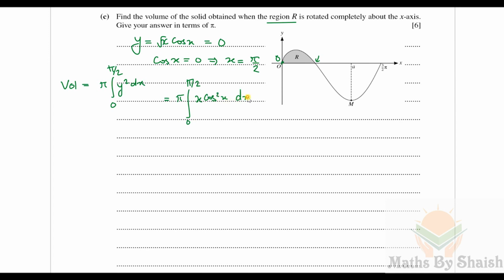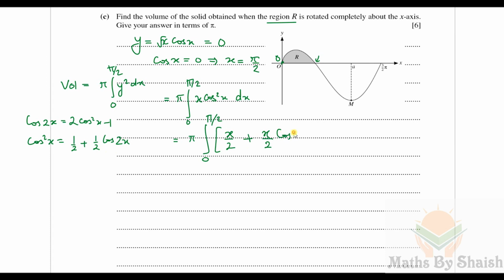We cannot integrate cos square x directly, so we will use the double angle formula cos 2x equals 2 cos square x minus 1, and from there we get cos square x as 1 by 2 plus 1 by 2 cos of 2x. So we have pi, 0 to pi by 2, and x multiplied by this whole thing gives x by 2 plus x by 2 cos 2x, and then dx.